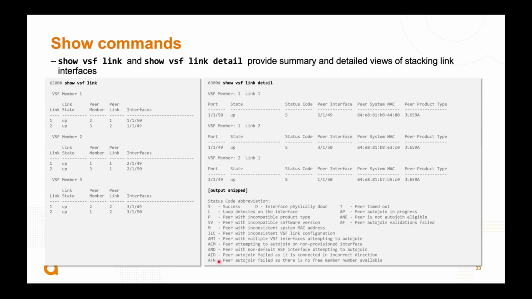But basically here you get a status code that corresponds to the reason why a new member may not be able to join a stack, or there's some other configuration or connection issue with a link, whether it's an incompatible product type, like you try to add a 6200 to a 6300 VSF stack, or an incompatible software version, like you tried to add a switch running 10.6 or earlier to a 10.7 stack, and so forth. So you get an idea of the different ways that auto stacking or auto join may not function as intended.